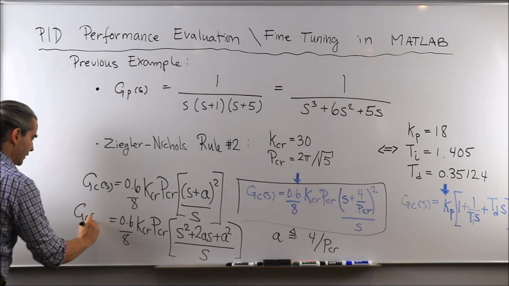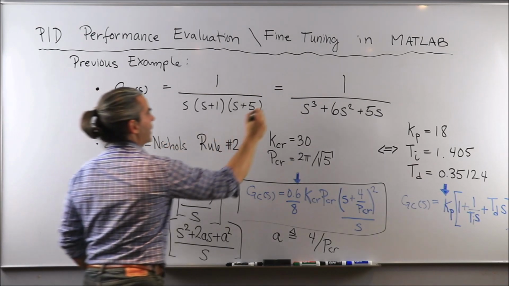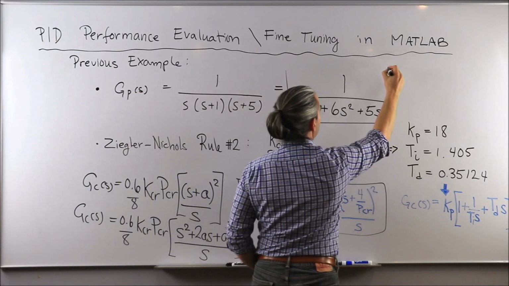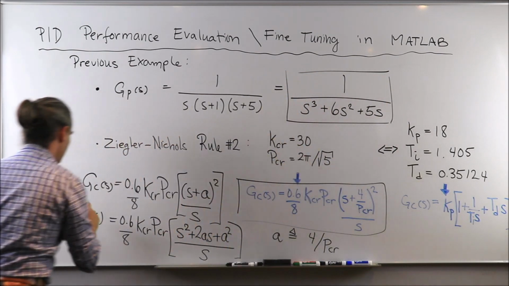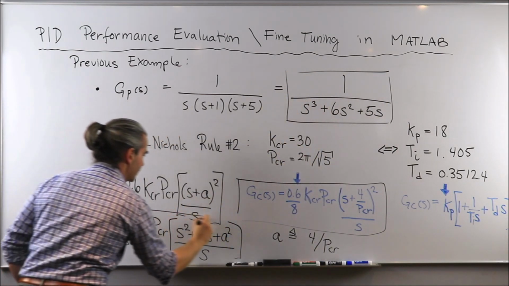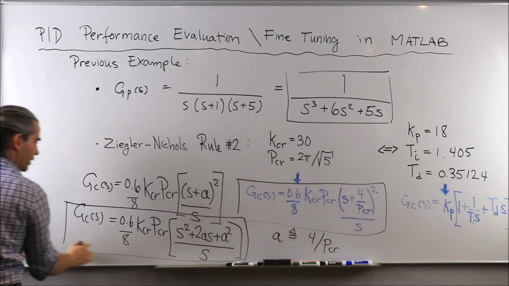Okay? So this is how we're going to implement our plant transfer function in MATLAB. And this is how we are going to implement our PID controller in MATLAB as well.